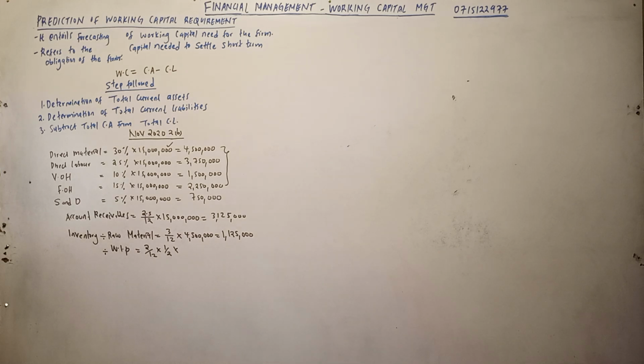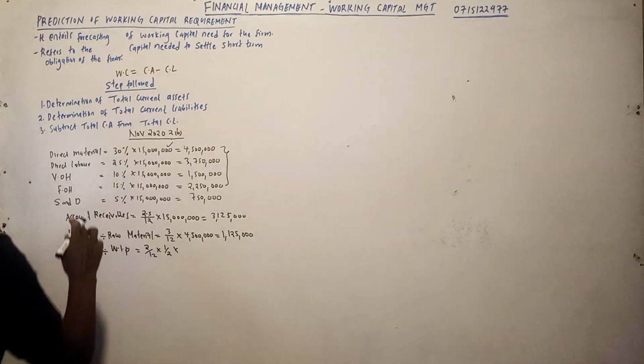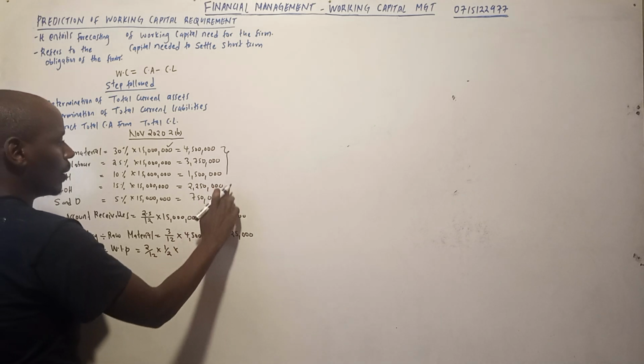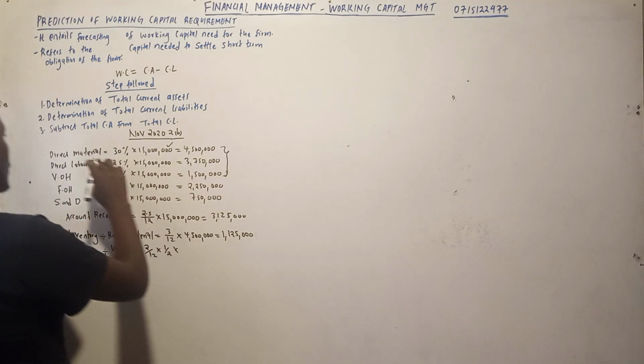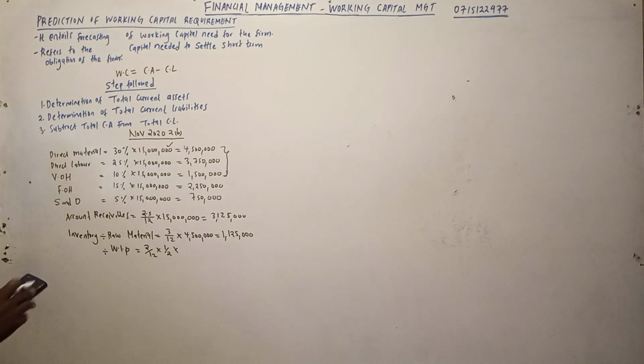Let me go back. Let's go to information number 3. Work in progress and finished goods are valued under the material, labor and variable. So it means up to here. The value of the goods produced is direct material plus direct labor plus variable overhead.